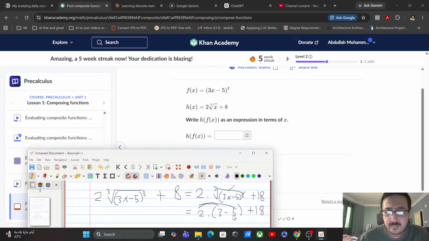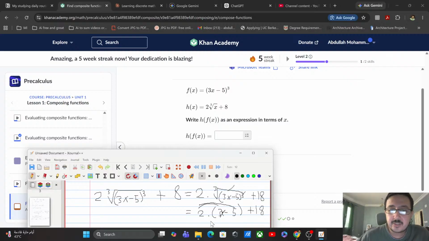Actually, this is much easier. 3 minus 5 is minus. It's only numbers. No, this is 3x, maybe. Don't forget 3x, not 3, 3x.